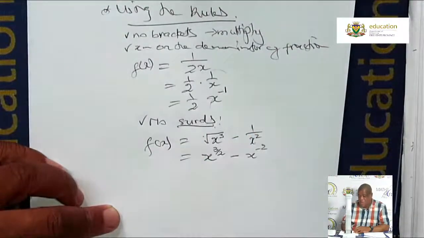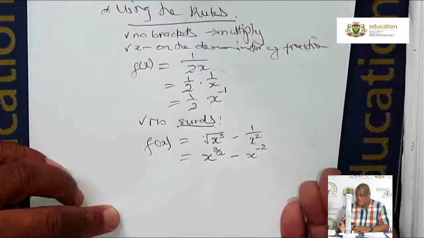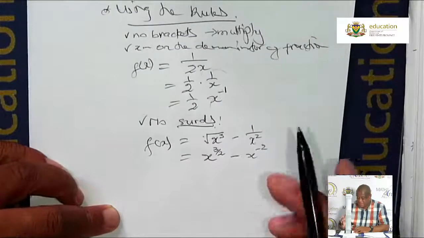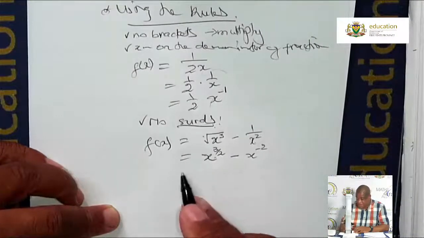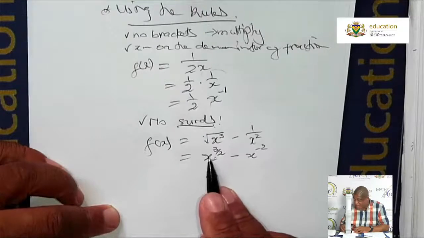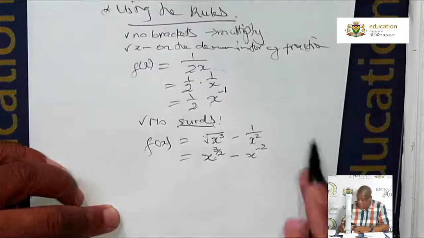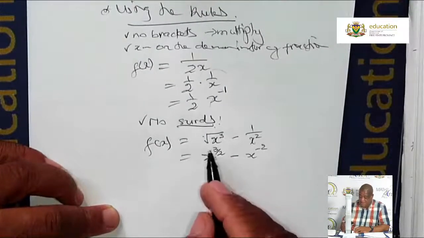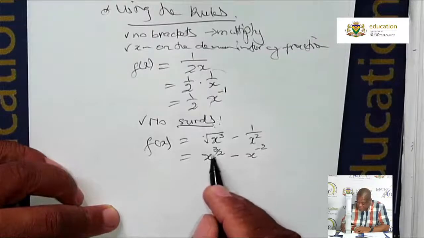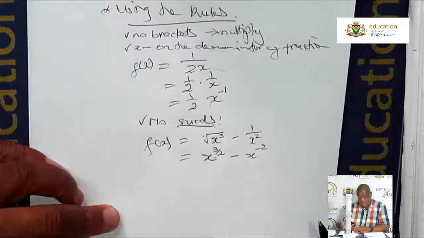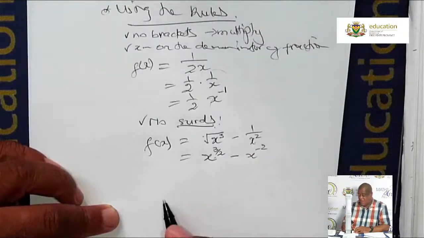In so doing, you are just simplifying. It's not that you are differentiating. You may get just a mark, either 1 mark for that or a mark for each there. But this is no more a surd. Then you can differentiate once you have simplified it like that.